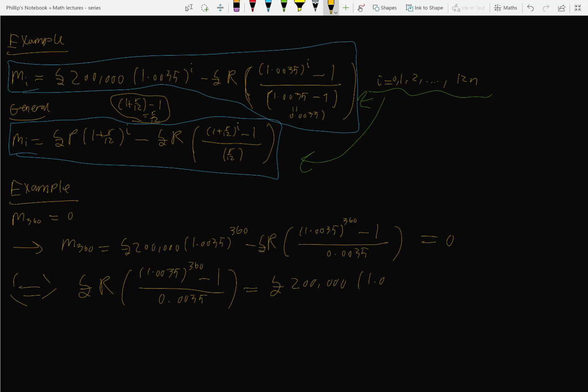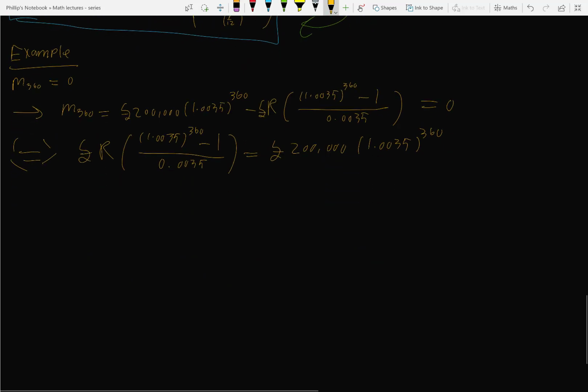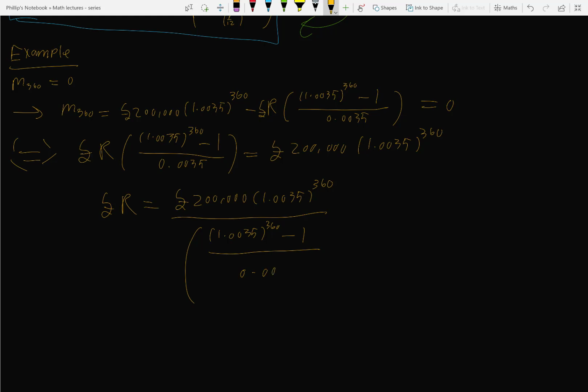times 1.0035 to the 360, and then we've got our pounds here. So R is equal to 200,000 times 1.0035 to the 360, all of that divided by all of this, 1.0035 to the power of 360 minus 1 divided by 0.0035.